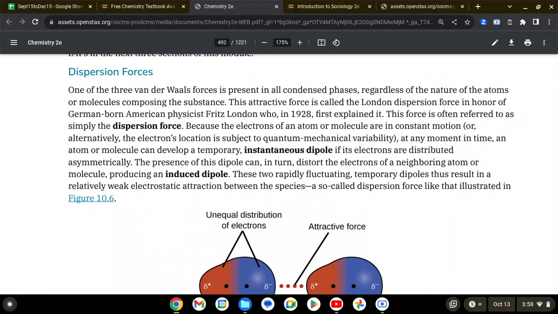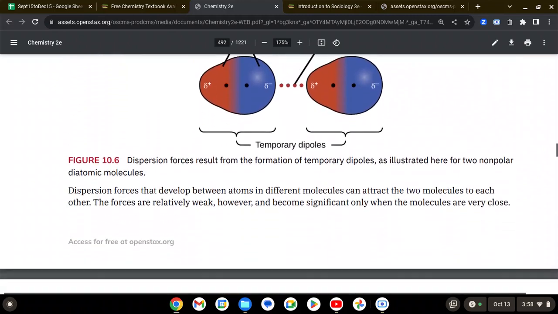If its electrons are distributed asymmetrically, the presence of this dipole can, in turn, distort the electrons of a neighboring atom or molecule, producing an induced dipole. These 2 rapidly fluctuating temporary dipoles thus result in relatively weak electrostatic attraction between the species, a so-called dispersion force like that illustrated in figure 10.6.